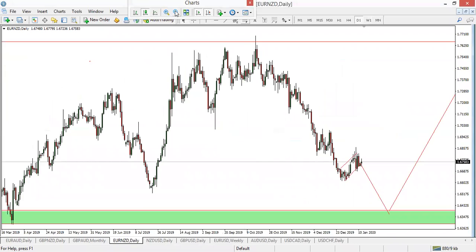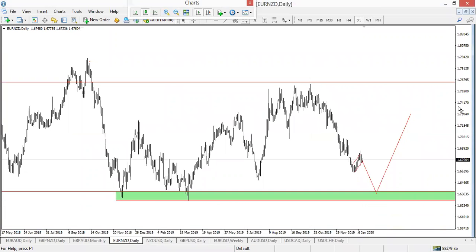I'm breaking down to the daily time frame. There's a little bit of consolidation and distribution here, which might break out and flow to the downside here.